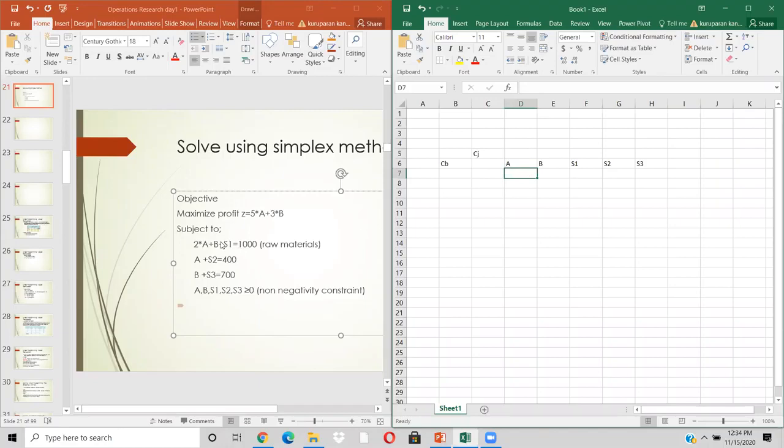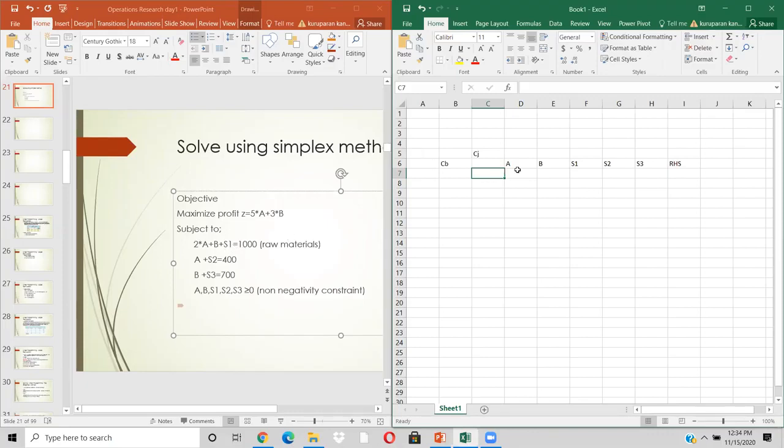First of all, we will write the first constraint. What is the first constraint? 2a plus b plus s1 equal to 1000.